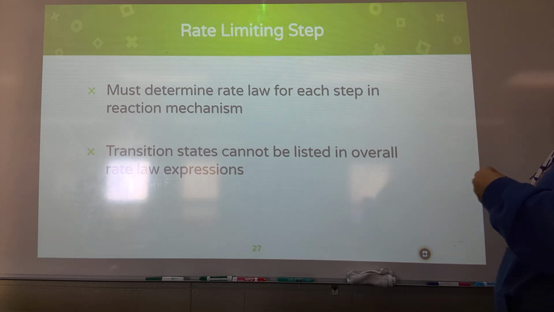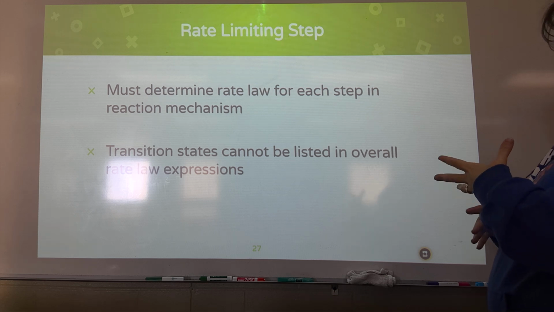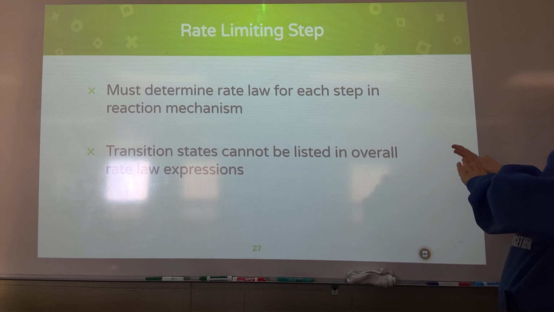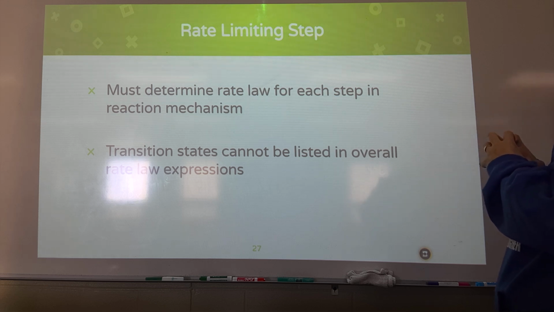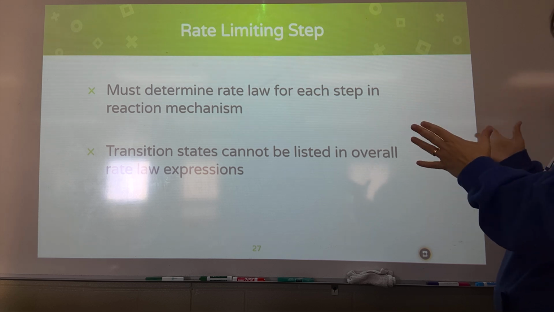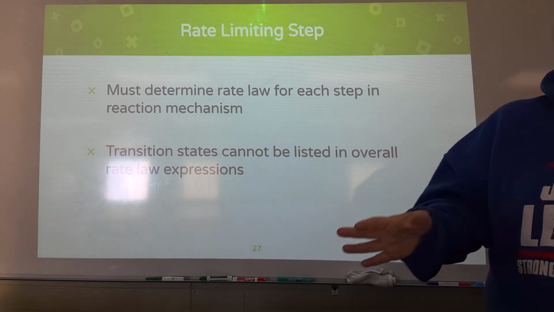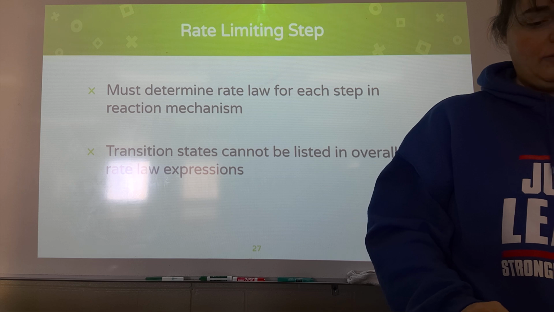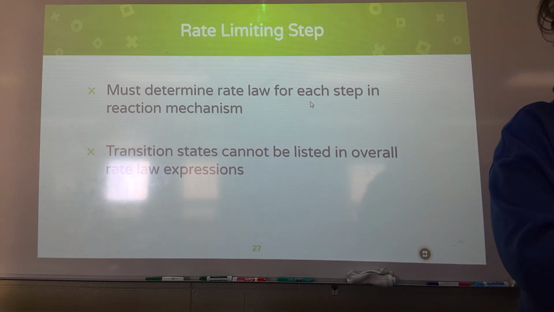We cannot list transition states. They don't exist for any period of time. They're unstable, and so they do not determine the overall rate of the reaction, but the rate determining step will, the rate limiting step will. It will determine the final rate law for the reaction.